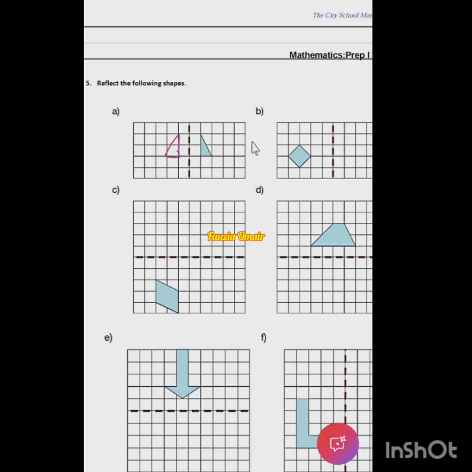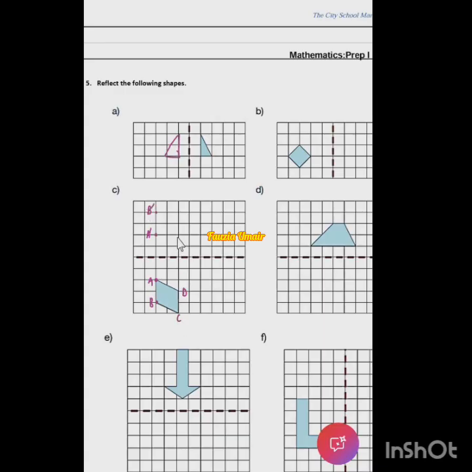So now what about the next one? The easiest way is to mark the points, like if this is A, B, C, and D. Now the reflection of A is two blocks away, so this is A dash. The reflection of B is four blocks away, so this is B dash. C is how many?